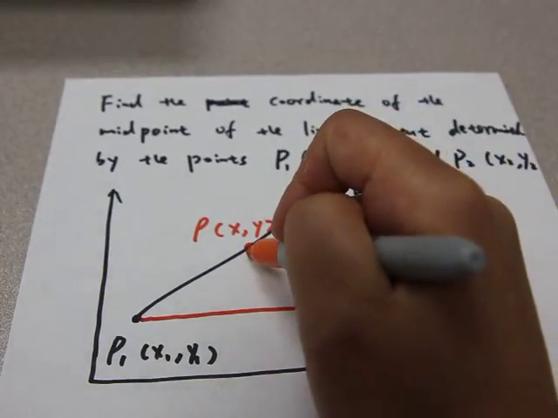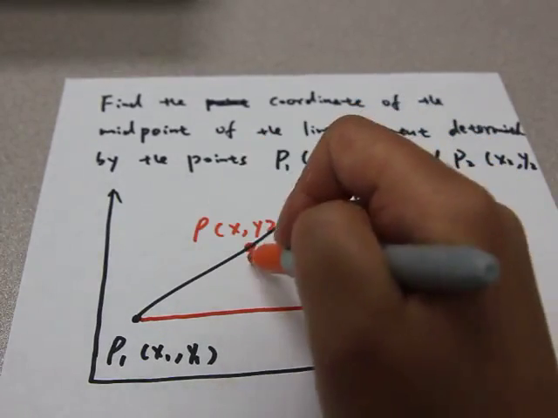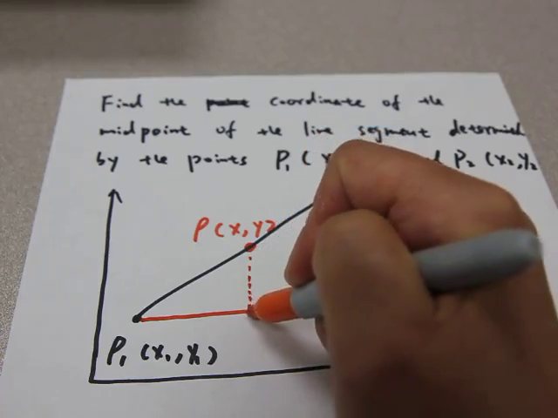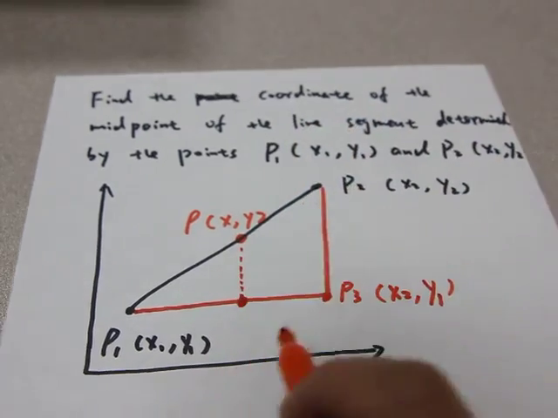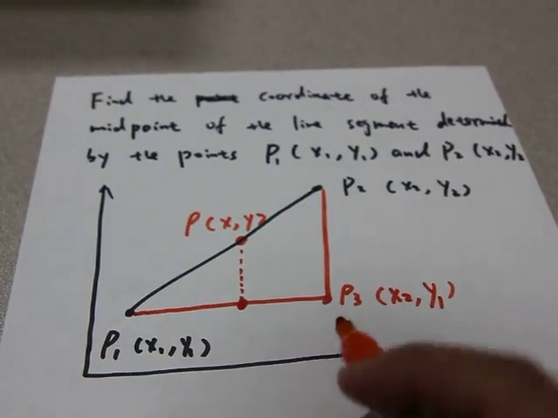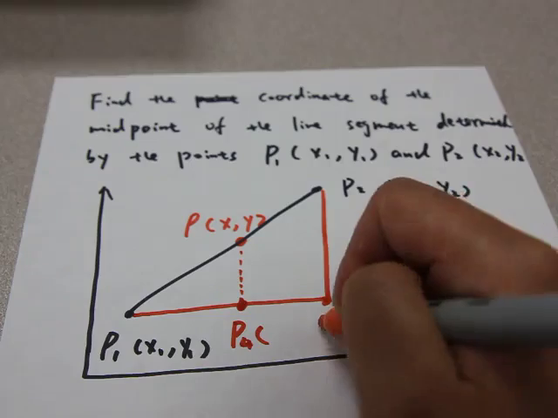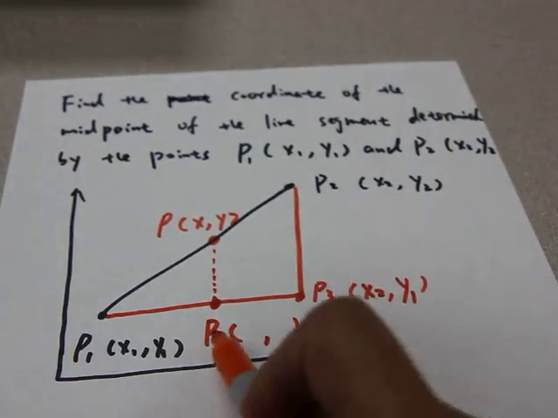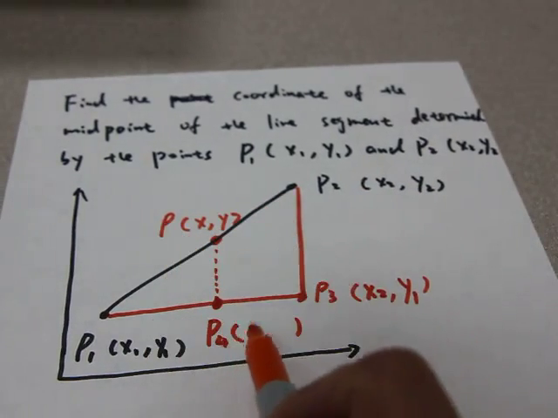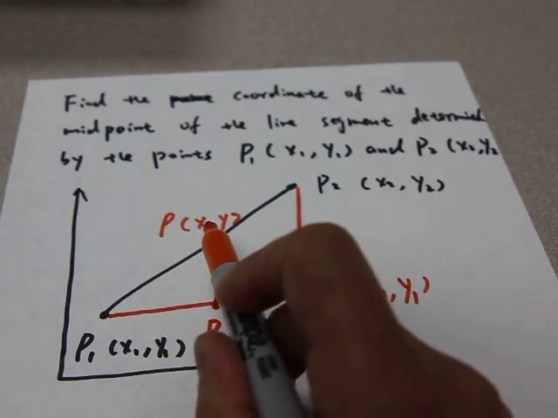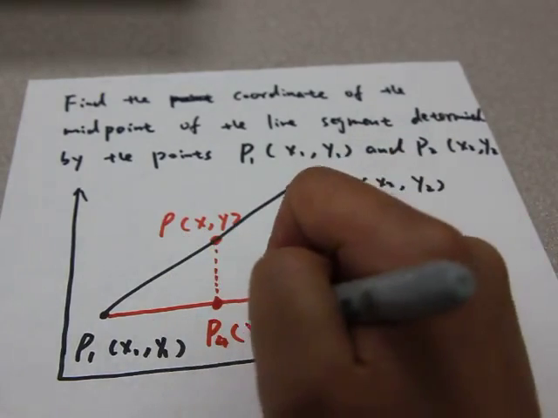Now, below the point P, we have a point, let's call this point P4. So P4 and P have the same x-coordinate.